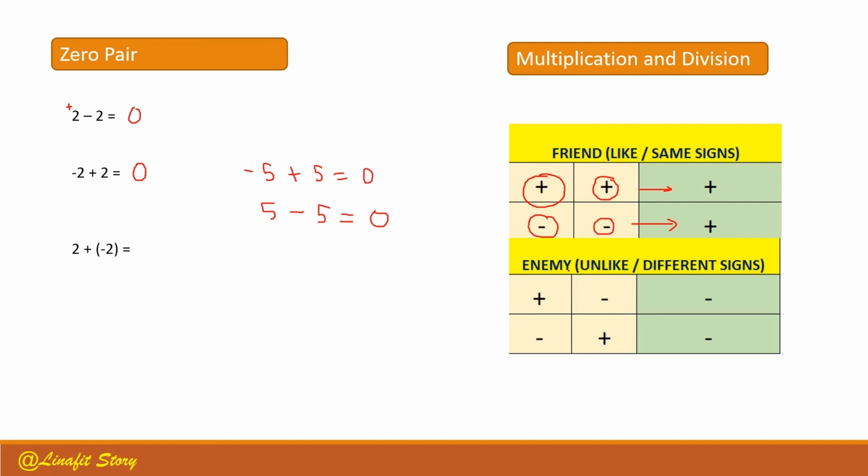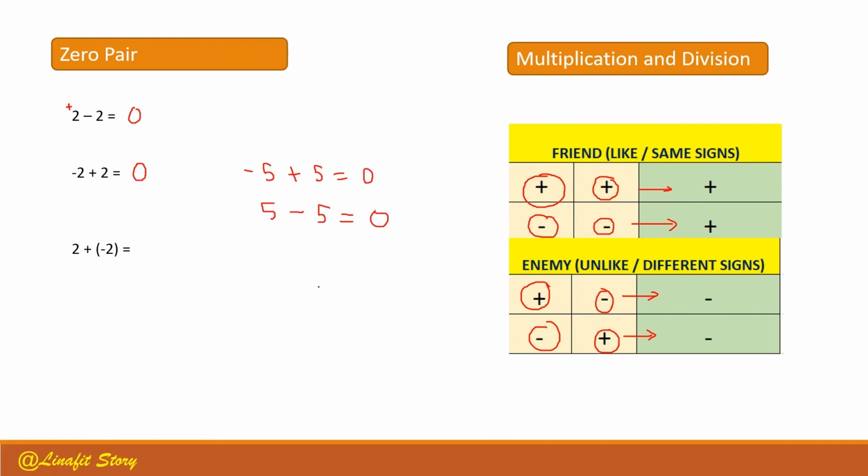But if you meet your enemy, means different sign or unlike signs, for example, positive and negative becomes negative. Negative and positive becomes negative. So just remember, if you meet your friend, two like signs become a positive sign, while if you meet your enemy, two unlike signs become a negative sign.